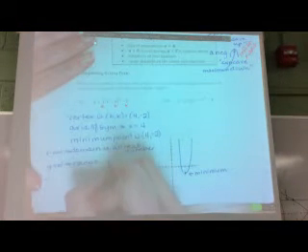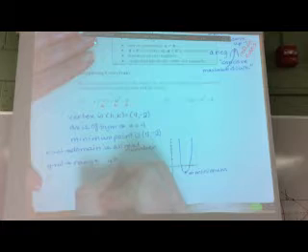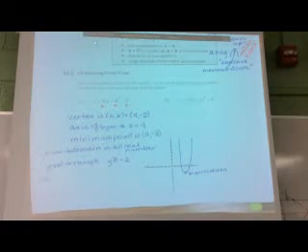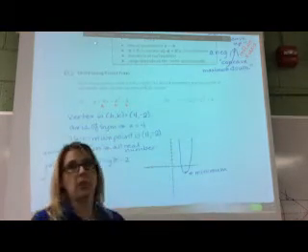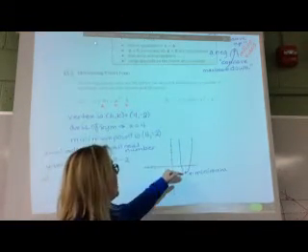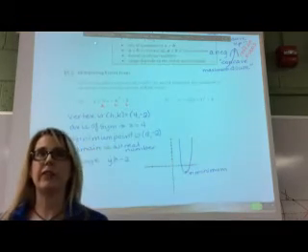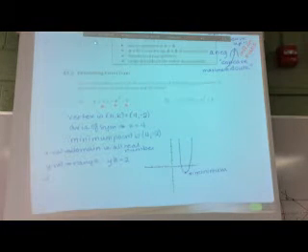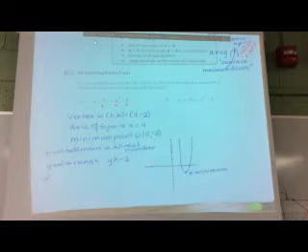Our range is y is greater than or equal to -2. That's telling our reader where on the graph this parabola is. It goes from -2 infinitely upward. All right? So we've done all that. Now keep in mind, the domain, all parabolas, is always all real numbers. The range will not be. Okay. Let's proceed, because we're running out of time.